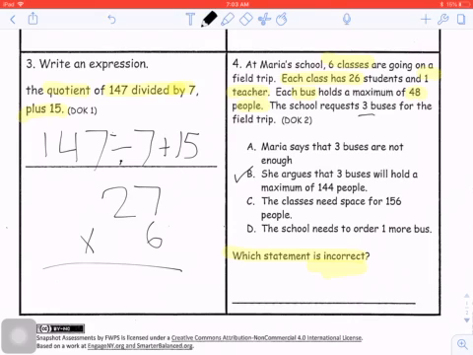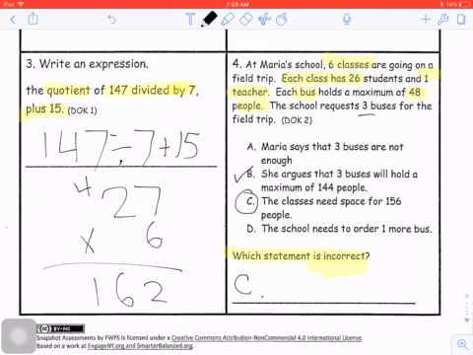Okay, so 7 times 6 is 42. We've got 6 times 2, which is 12, 13, 14, 15, 16. So that one is incorrect because the classes need space for 162 people. So I would say C, and then I would write a sentence.